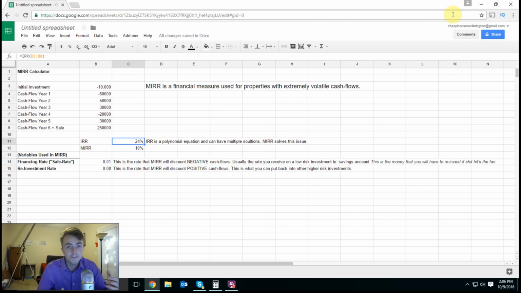Modified internal rate of return is essentially a more sophisticated version of internal rate of return. Internal rate of return, believe it or not, is actually fairly unsophisticated, and it tends to screw up in many situations.